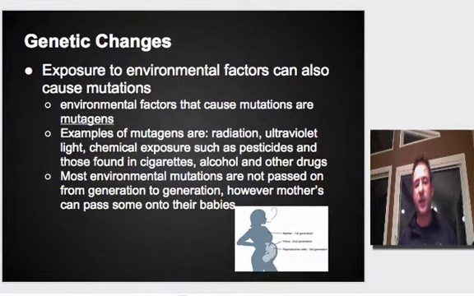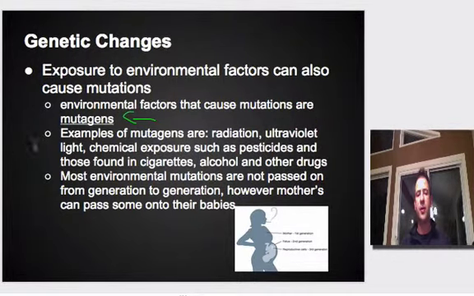Environmental factors that cause mutations, we call those mutagens. I've got that underlined here. Mutagens are the environmental factors that cause mutations, and you'll want to know that as well. Some examples of these mutagens could be radiation or ultraviolet light, forms of chemical exposure such as pesticides, and other things that are found in cigarettes, alcohol and other drugs.